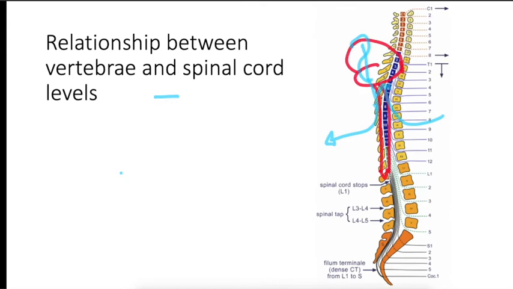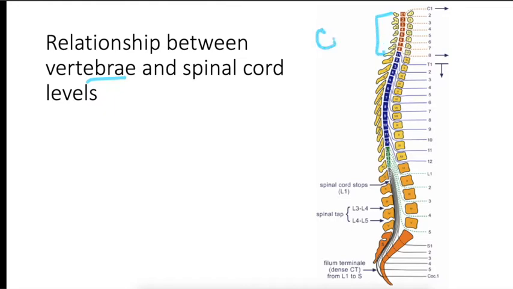Okay, so, get rid of the scrawls. Okay, the relationship between your vertebrae and your spinal cord. So the vertebrae referring to the bony vertebrae, which you may recall when you learned the skeleton. The vertebrae are divided up into different regions, like your neck region would be the cervical, I'm just going to abbreviate C. And then your area with your rib cage is the thoracic area of vertebrae.